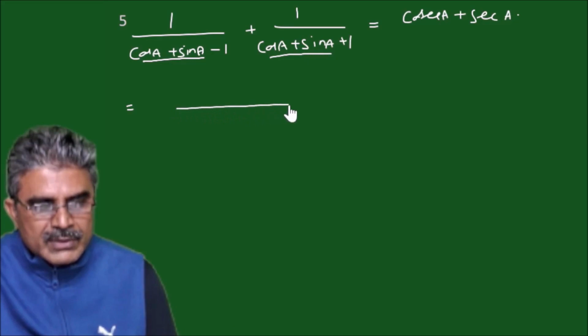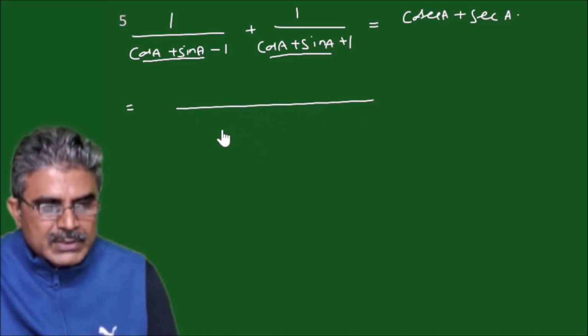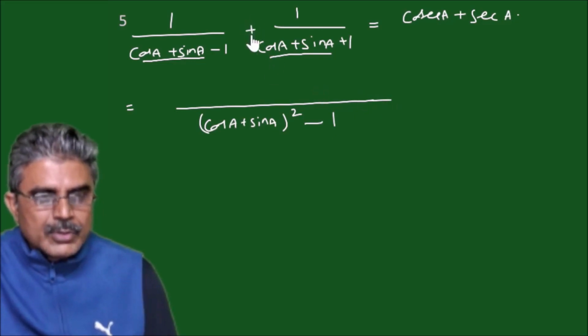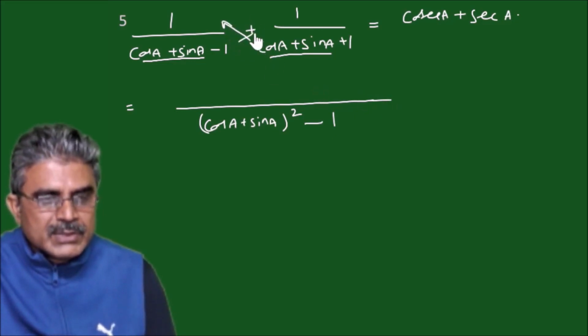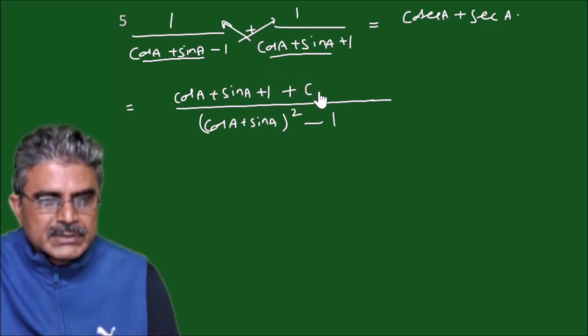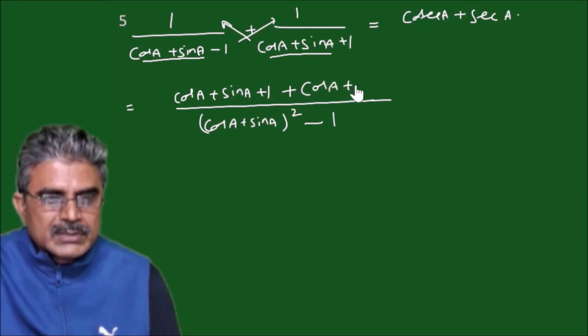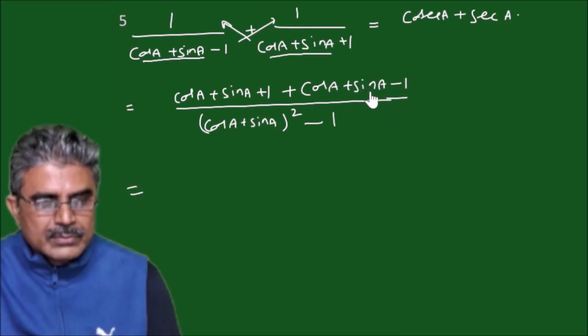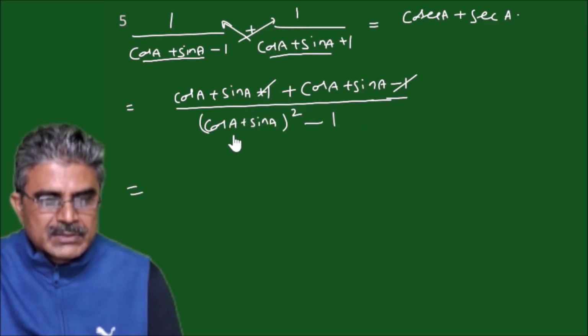So if you multiply for the LCM, you will have (cos a plus sin a) whole squared minus 1, and in the top, you have cos a plus sin a plus 1 and here plus cos a plus sin a minus 1, so minus 1 plus 1 gets cancelled.